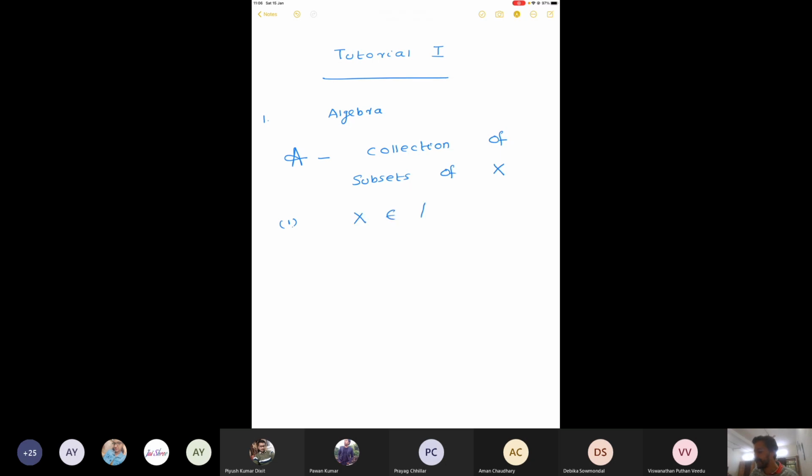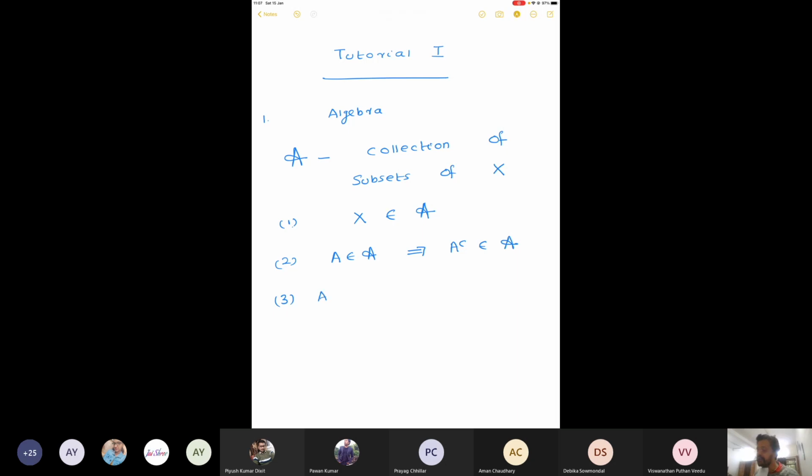X is in A. 2. If A is in A, then A complement is in A. So these are requirements same as sigma algebra. So what makes algebra different from sigma algebra is the third condition.